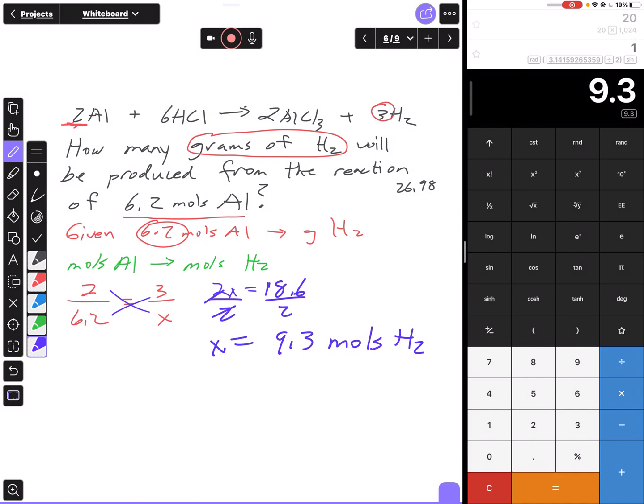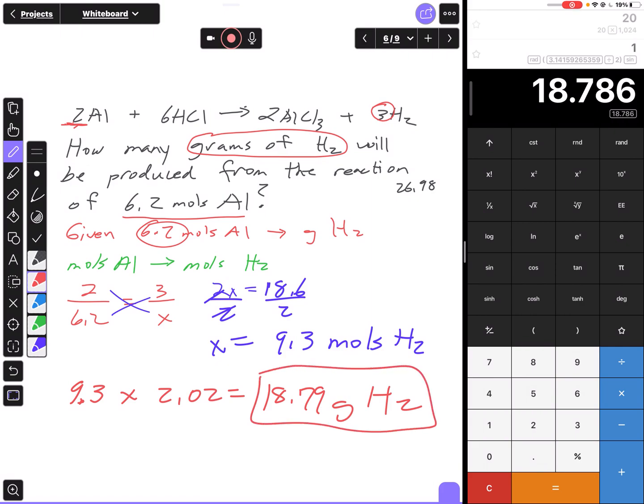My last step then simply is to convert to grams. I got 9.3 moles of H2. I want to multiply by the molar mass of H2. Now the molar mass of hydrogen is 1.01, so H2 would be 2 times that, which would be 2.02. That would get 18.79. And that would be grams of H2.